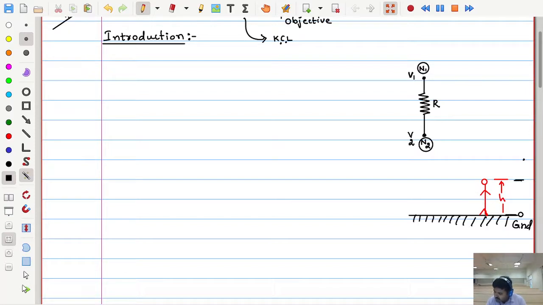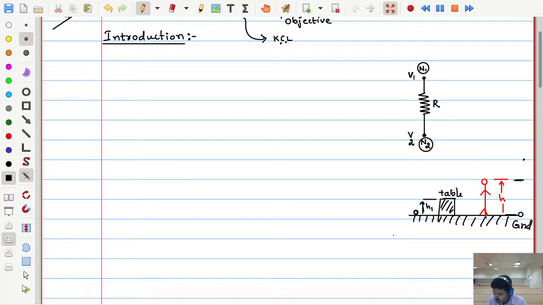There must be some reference. Or I can even say it in this way: let us assume that there is a table beside him where he is standing. If I know the table height is, let us say, h1, the table is at a height of h1 from 0.